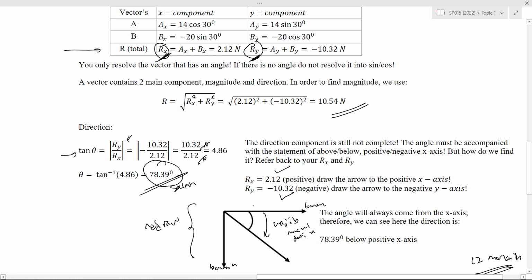Kalau dia punya x adalah positif, dia arah kanan. Kalau dia Rx adalah negatif, dia adalah arah kiri. Kalau Ry dia positif atas, Ry dia negatif, dia ke bawah. And angle dia wajib muncul dari x. So the complete direction mestilah ayat begini. 78.39 degree below the positive x-axis. Okay, so that's how you add two different vector components.